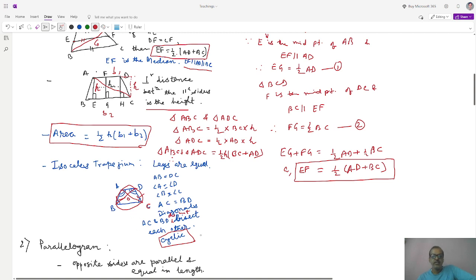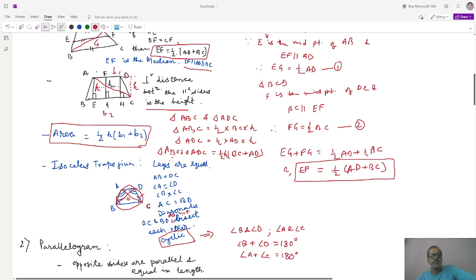Any quadrilateral will be cyclic if its opposite angles, here angle B and angle D, and angle A and angle C are the opposite angles, when the sum of opposite angles, that is for this figure, angle B plus angle D equals 180 degrees, then the quadrilateral will be cyclic.